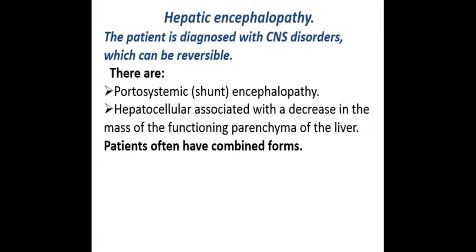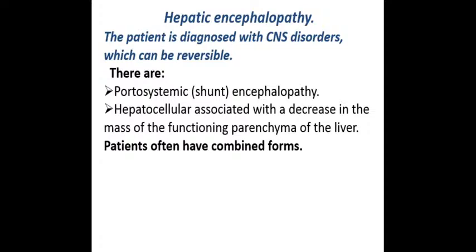Hepatic encephalopathy. The patient is diagnosed with a central nervous system disorder, which can be reversible. There are portosystemic encephalopathy and hepatocellular encephalopathy, associated with a decrease in the mass of the functioning parenchyma of the liver.